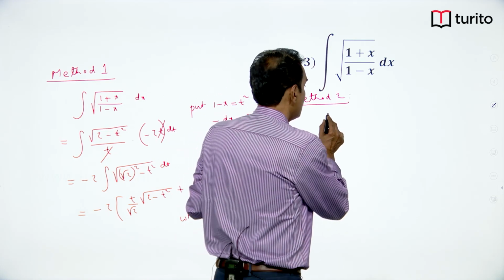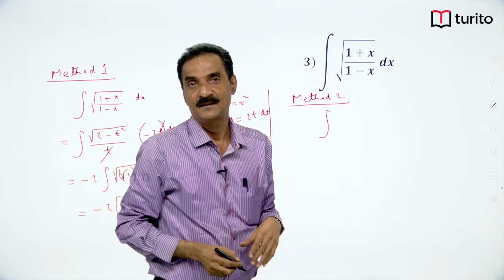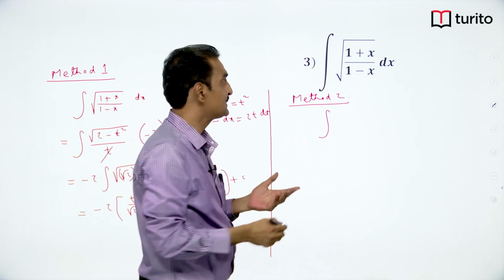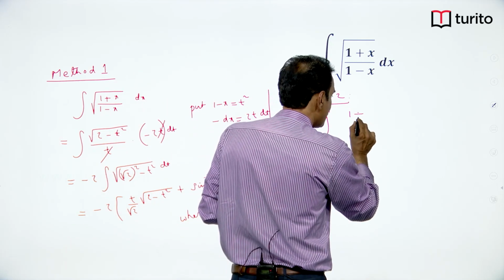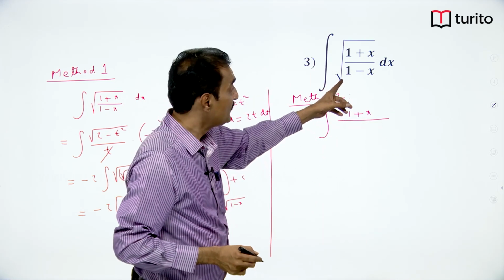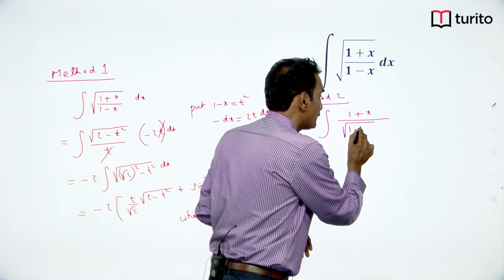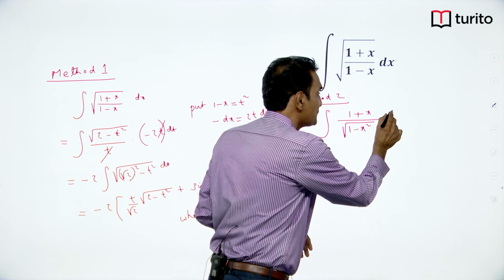Multiply and divide by root 1 plus x. Then numerator becomes 1 plus x. Denominator will be root 1 minus x into root 1 plus x, that will be root 1 minus x square dx.